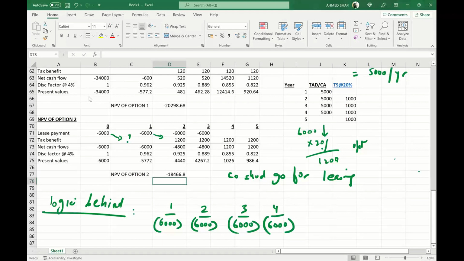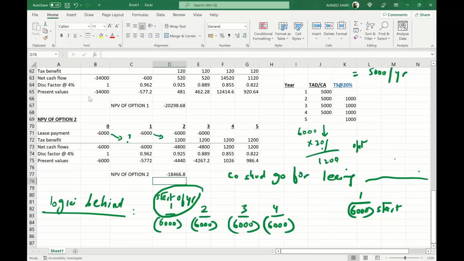And the problem was, these payments were made at the start of year 1. This payment was officially made at the start of year 1.